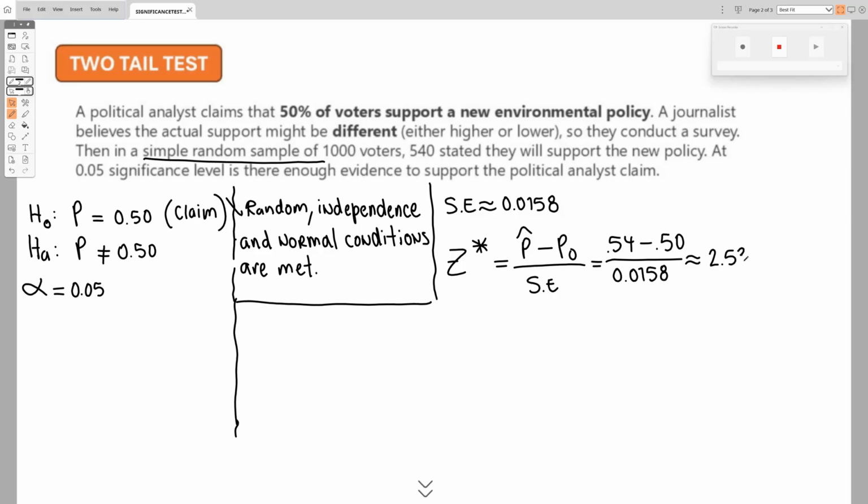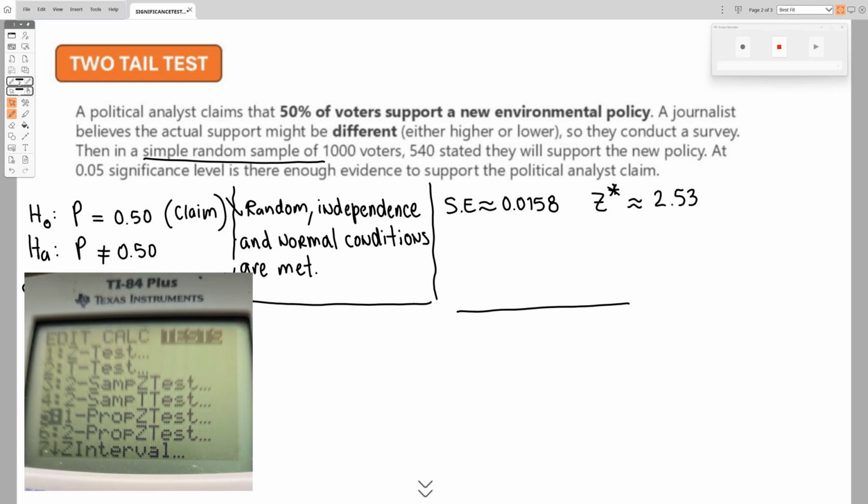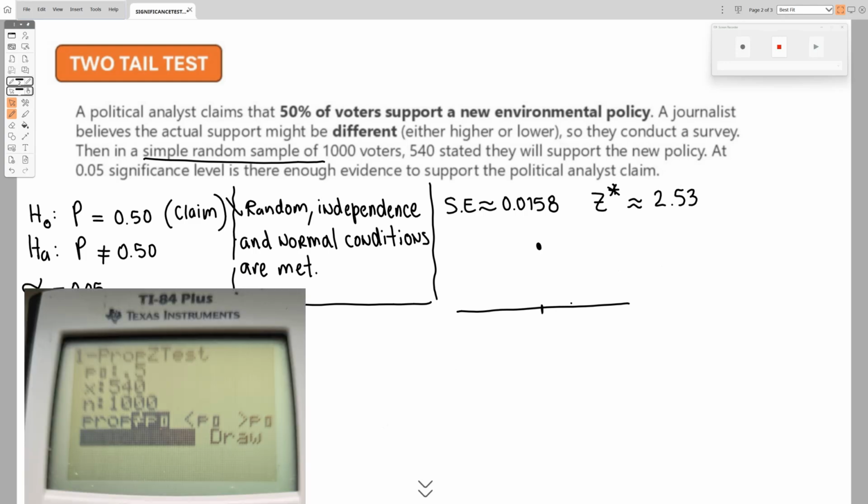The z-test statistic is about 2.53. This z value is used to calculate the p-value. On the bottom right side, the work with the TI-84 graphing calculator is shown.